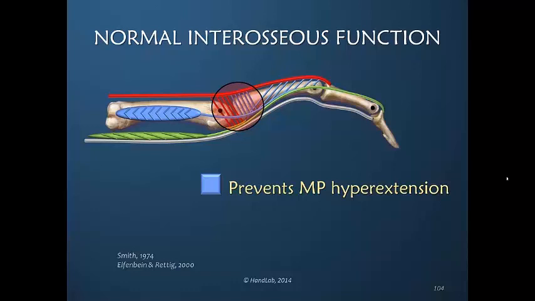Then try to bring your fingers into hyperextension at the metacarpal phalangeal joint. You not only feel tension of your extrinsic flexors, but I also can perhaps imagine the tension against MP joint hyperextension itself, which must be those transverse fibers.